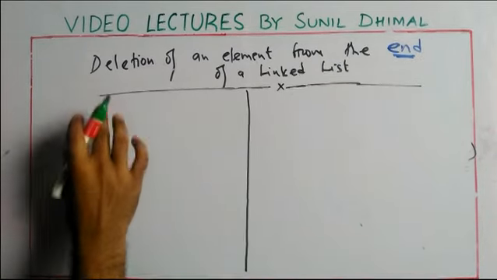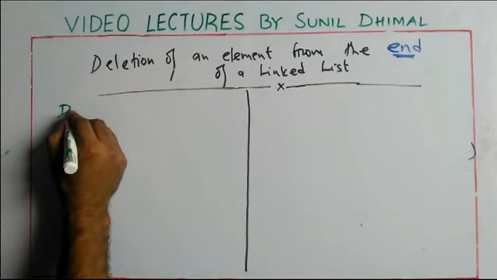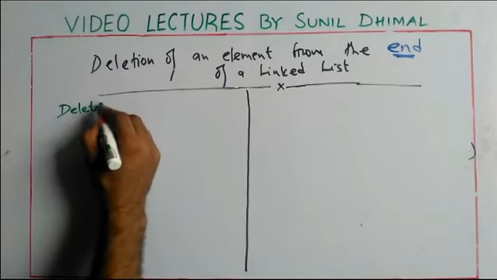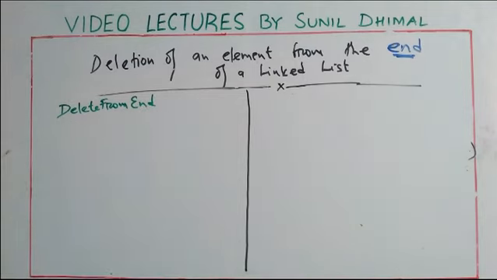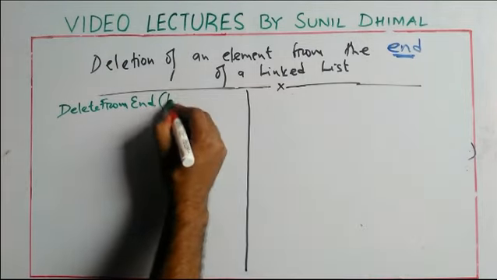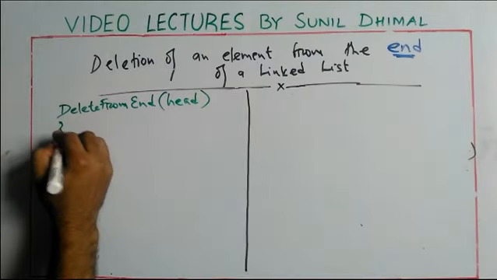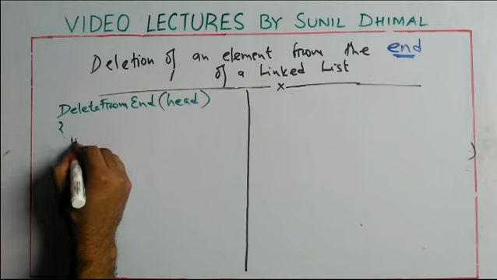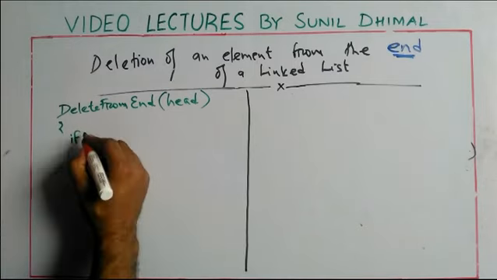Now let's write an algorithm for deleting the element from the end. So let the name of the algorithm be delete from end, right? You are given the head pointer as an input. Fine. So first of all, I'll take care of the condition wherein the list is empty, right?